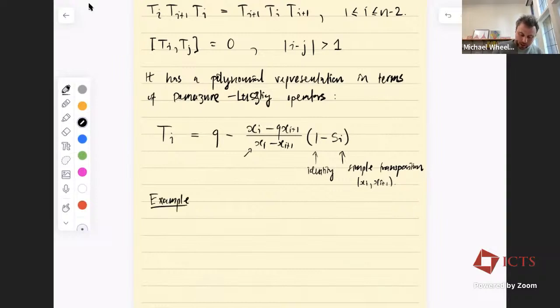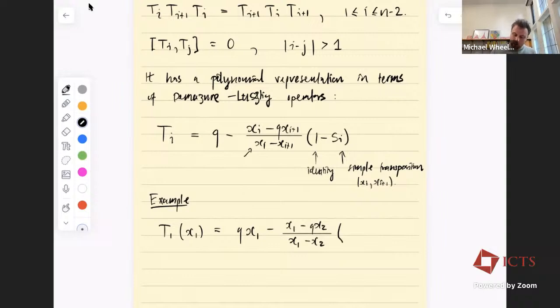Okay, so let's take T1 and we'll act on just the polynomial x1. So from the first term, it's just q times x1. And then for the second term, I'll have (x1 minus q x2) over (x1 minus x2).